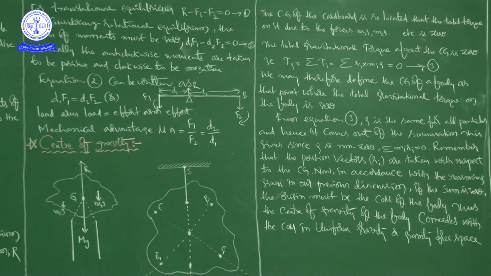By seeing this figure, the reaction of the tip is equal and opposite to mg, which is the weight of this irregular shaped cardboard.